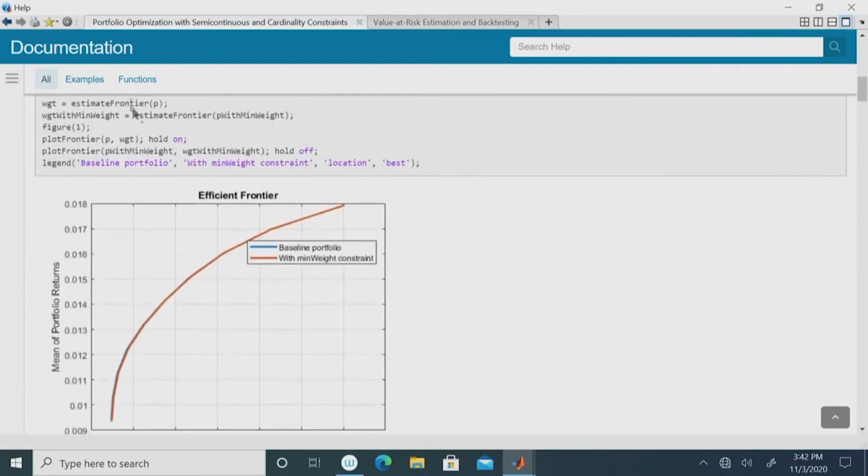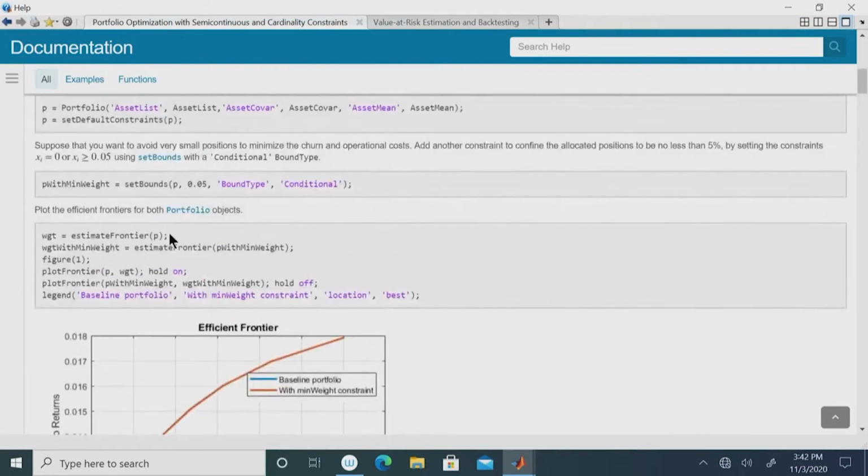The first of these, the unconstrained efficient frontier, I will call the baseline portfolio, and the second one we will call the minimum weight constraint portfolio.